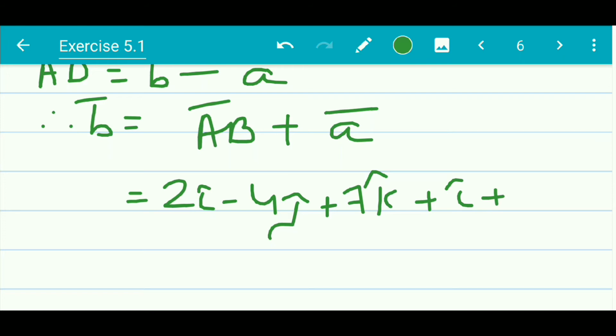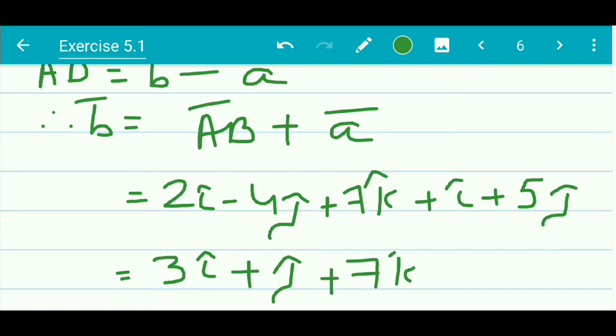So, I plus 5 j, this way, and simplifying this, okay, we get 2I plus I, that is 3I, minus 4J plus 5 j, that is plus J, and plus 7K. So, this becomes vector B bar.